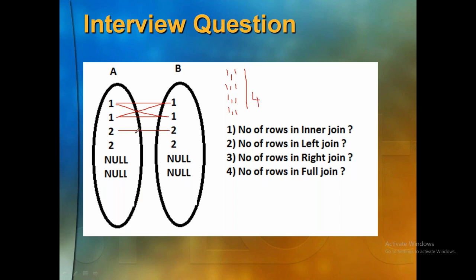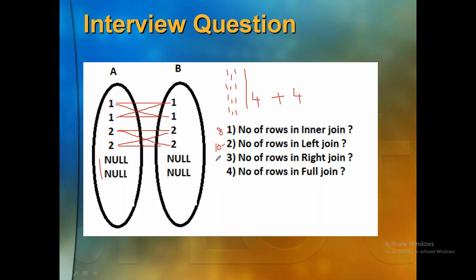Again 2 into 2 and 2 into 2, again you have 4 more rows. 4 plus 4, 8 rows are matched data. So the number of rows in inner join is 8, and plus 2 unmatched data, 8 plus 2, 10 will be your answer for the second query.